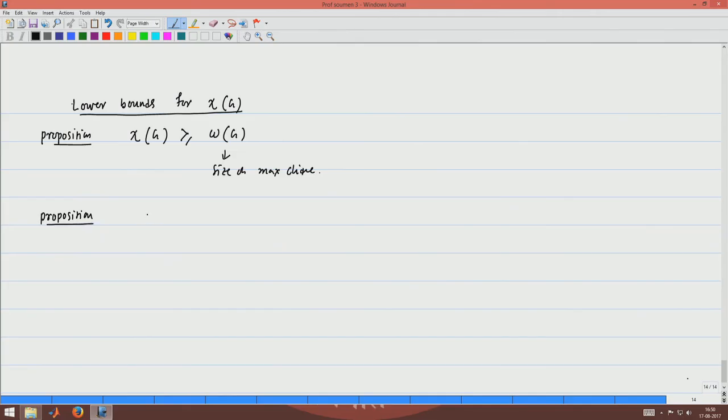Proposition: the chromatic number of the graph G is greater than or equal to V(G), the number of vertices, divided by alpha(G). Here alpha(G) is the size of the maximum independent set.